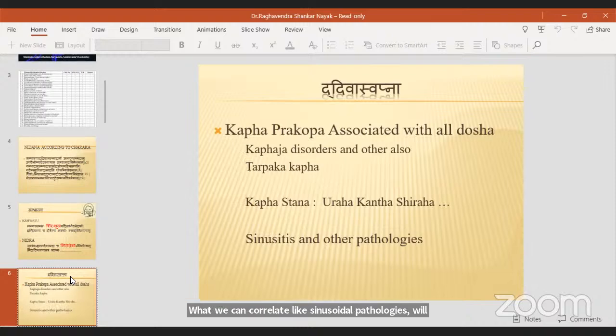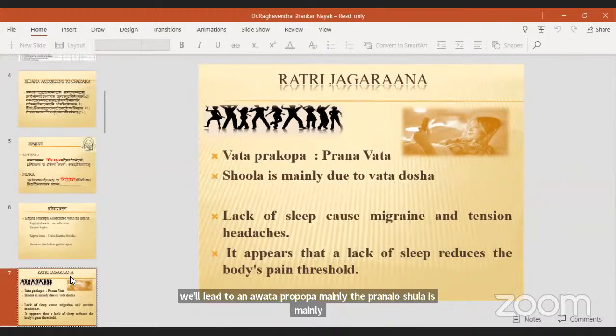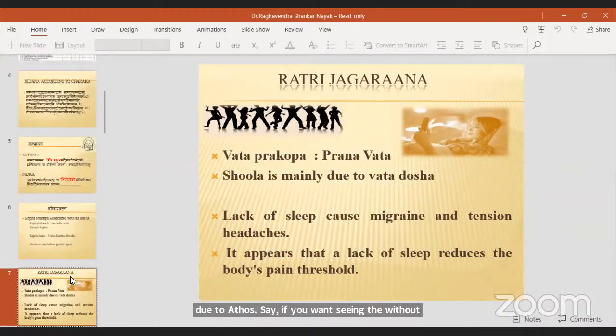Next slide. Next, Ratri Jagarana. In this current era, we see late night parties and waking up at night looking at mobiles, which leads to Vata Prakopa, mainly of Prana Vayu. Shula is mainly due to Vata dosha. Without Vata, mainly three diseases can't be manifested, and one among them is Shula, that is Shira Shula.